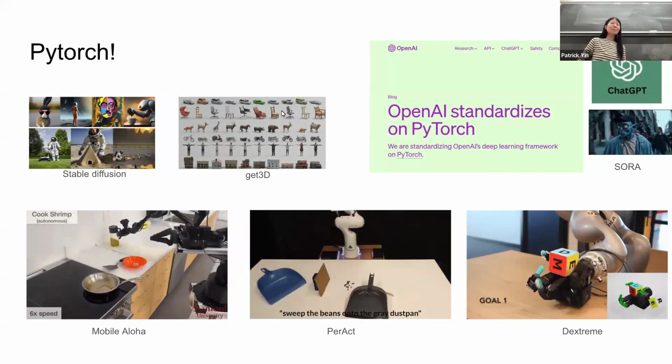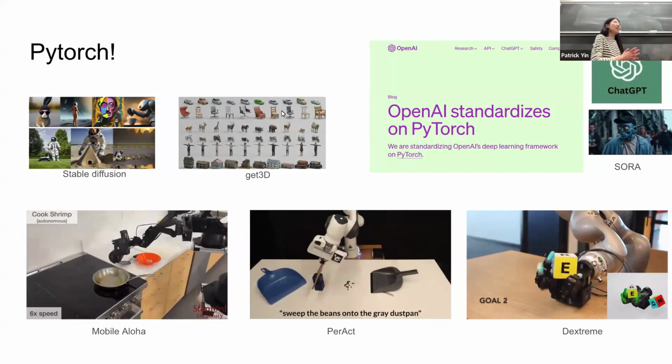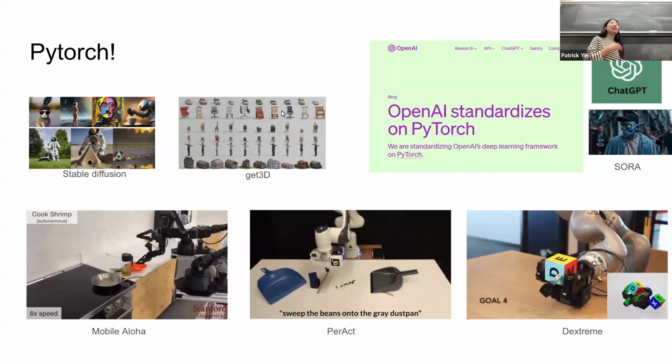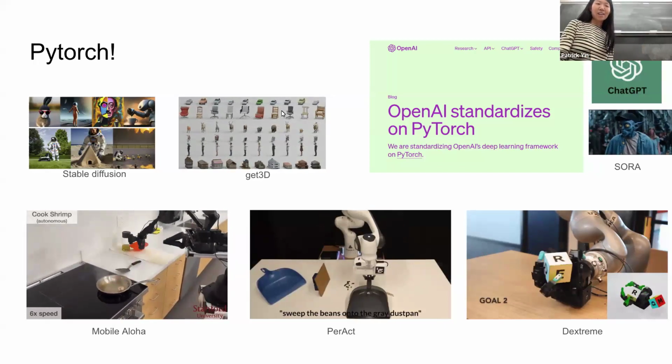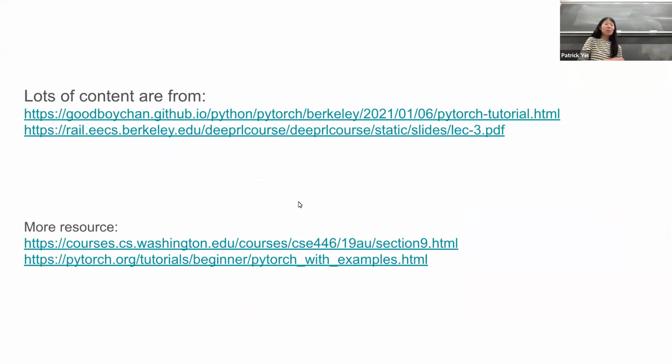The reason PyTorch has been so widely adopted is that it's super flexible, has a really easy API, and it's really easy for us to debug. That's why we're talking about PyTorch today. Before we get started, we want to emphasize that a lot of the content is from blog posts we found online, as well as Sergey's 285 lecture from Berkeley.